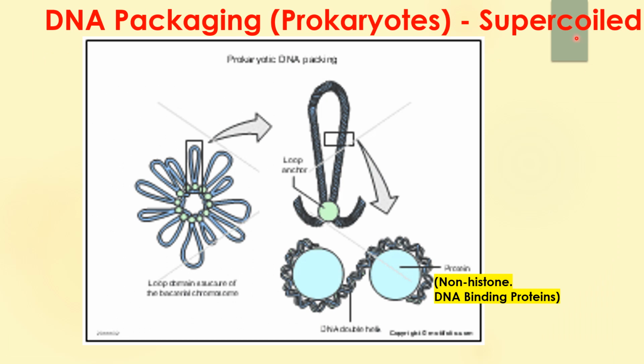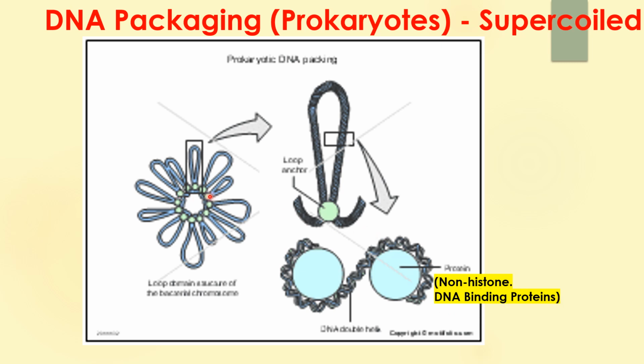So, about DNA packaging in prokaryotes. Imagine a bacterial cell. It has no nucleus. So where is the DNA present? It is present in the cytoplasm as a supercoiled structure like this. If you magnify this portion, you will see it is coiled around a non-histone, that is, a DNA binding protein.